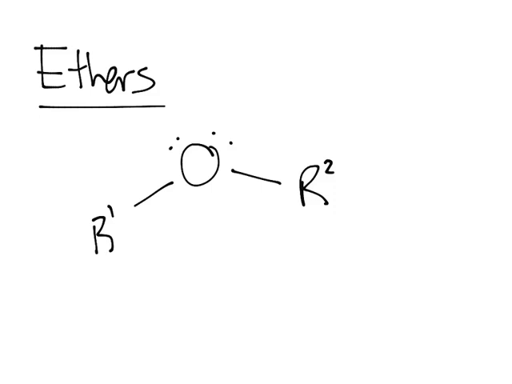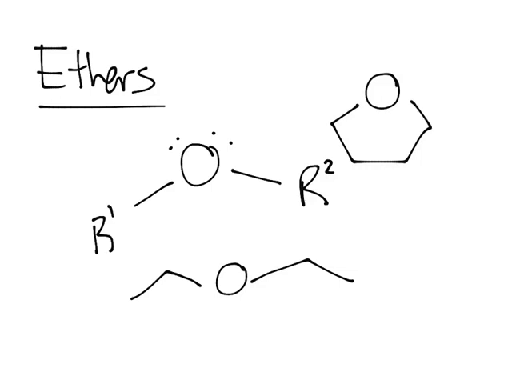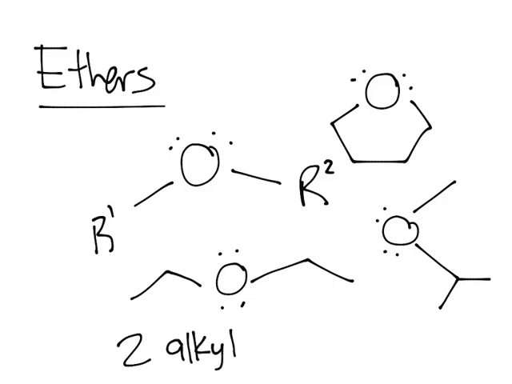Some examples: that would be an ether. You could have a cyclic ether. You could have an ether like this, with lone pairs on all of the oxygens. Those are ethers, so remember, two alkyl groups.